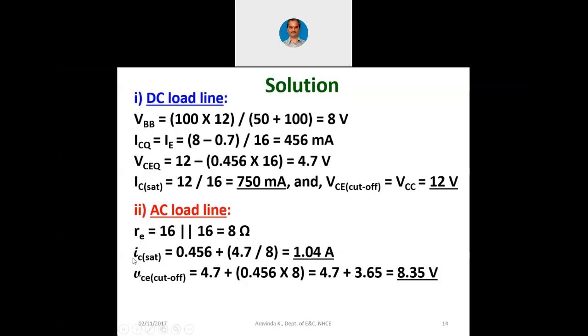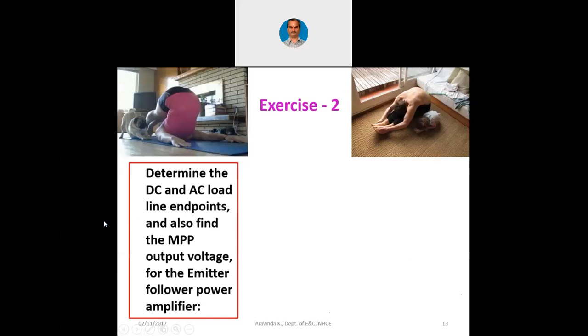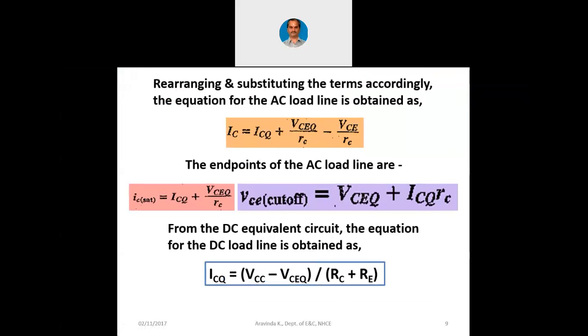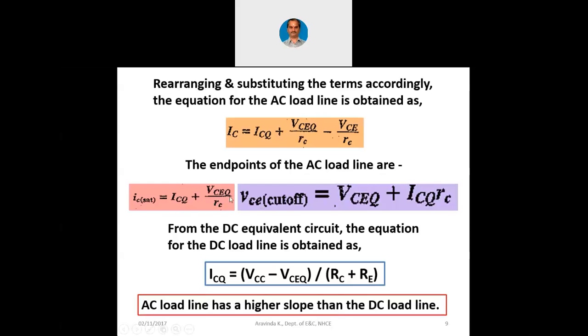Now we already have the formula for IC sat in the AC analysis. Let me show you that again, just for a recap. We have this IC sat, which is ICQ plus VCEQ divided by small rc, and VCE cutoff is VCEQ plus ICQ into small rc. In the case of the emitter follower, instead of small rc, we are using small re.